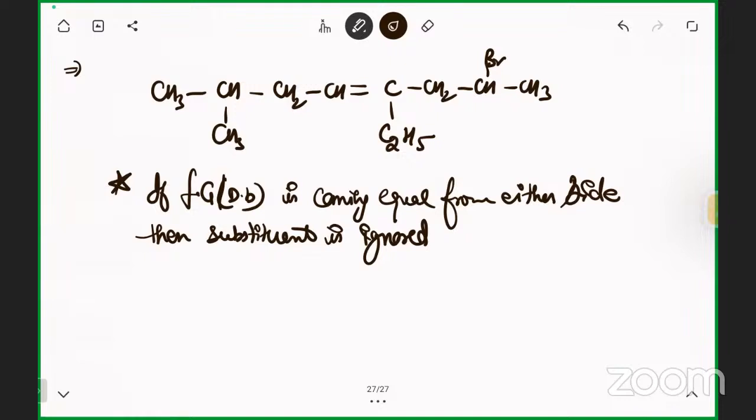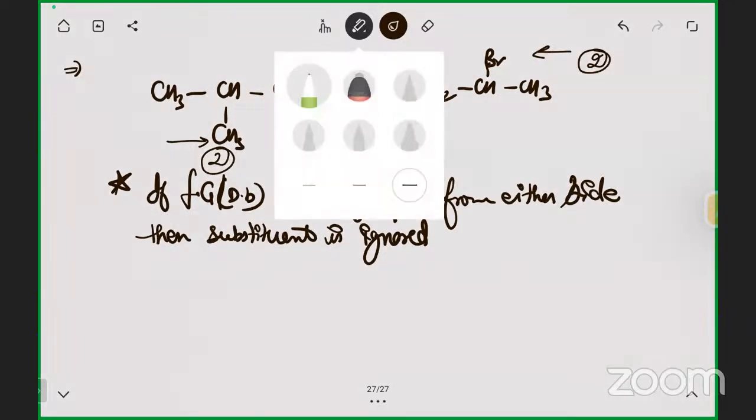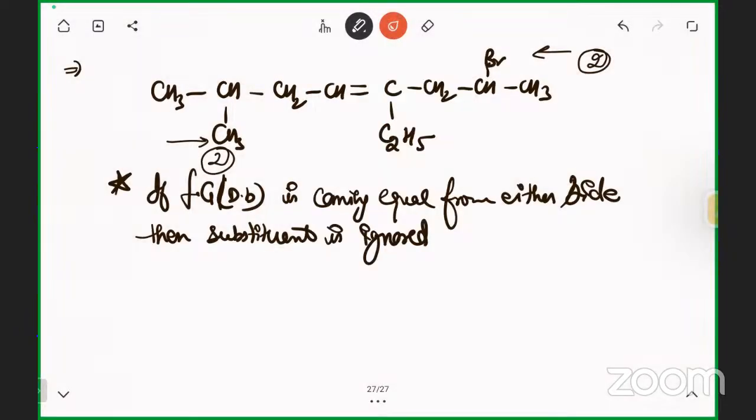So in this particular case, see, Br and CH3 are both coming on the second position. But in this case, if I do numbering from the left-hand side, CH3, C2H5, 1, 2, 3, 4, 5, C2H5 is coming on the fifth position.